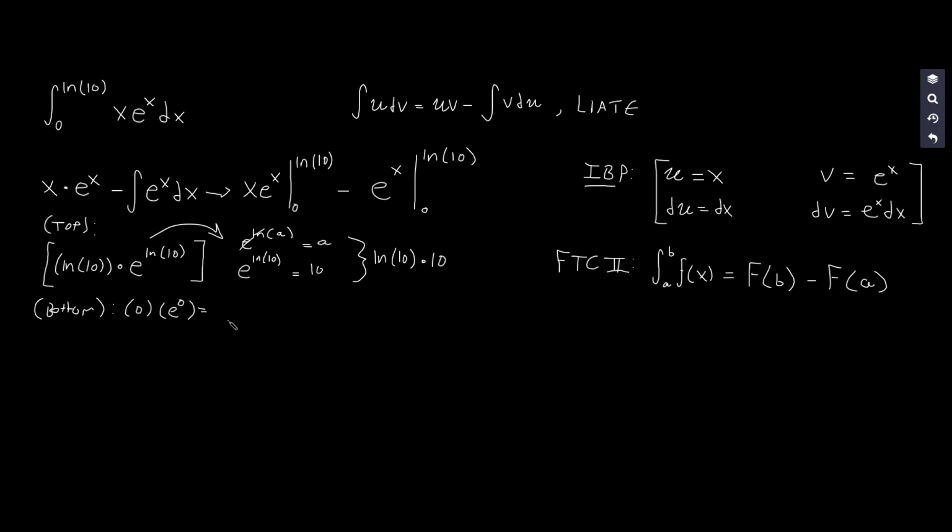That's just going to be 0. So this whole thing is going to become 10 times the natural logarithm of 10 minus 0, which is just 10 times the natural logarithm of 10.